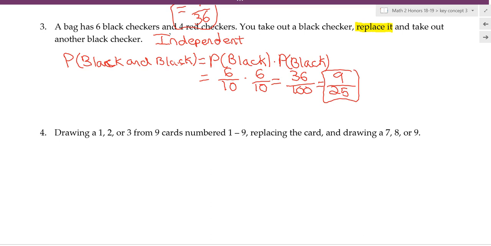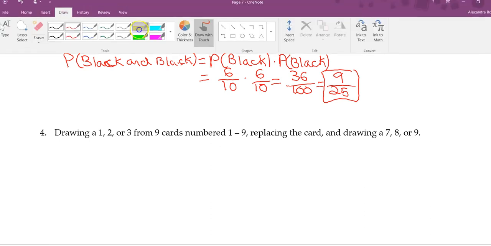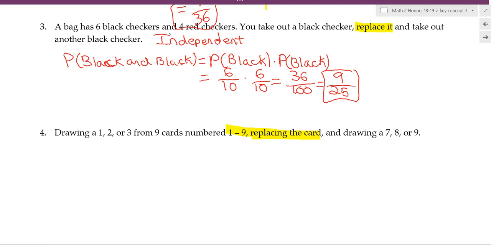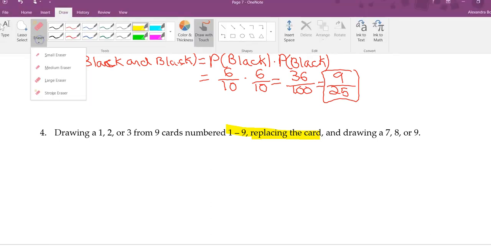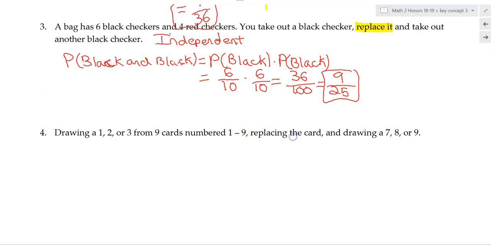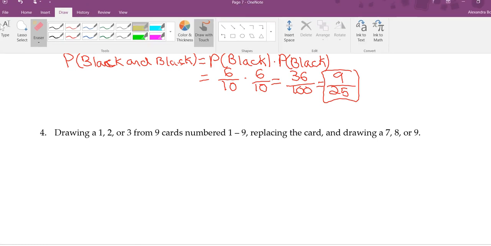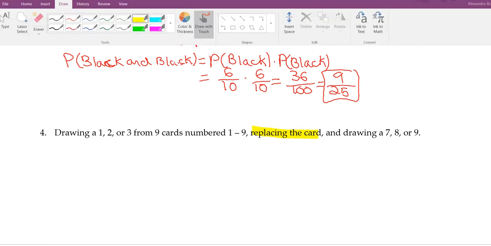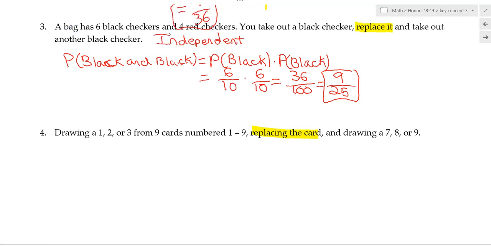Number 4, drawing a 1, 2, or 3 from 9 cards, numbered 1 through 9, replacing the card, and drawing a 7, 8, or 9. I am replacing it, so my total number of cards in the bag has not changed. This is another one that's independent.